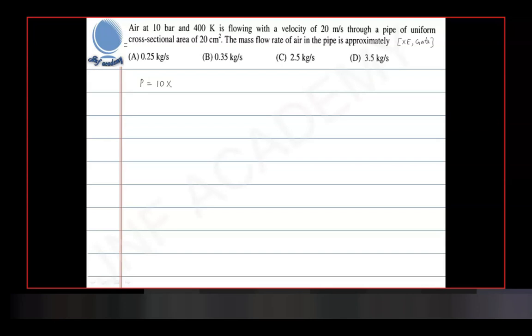P is 10 bar, 10 into 10 power 5 pascals. The temperature is 400 Kelvin. The velocity is 20 meters per second. The cross-sectional area of the pipe is 20 centimeters square. You should convert it into meter square. You're asked what is the mass flow rate in the pipe.